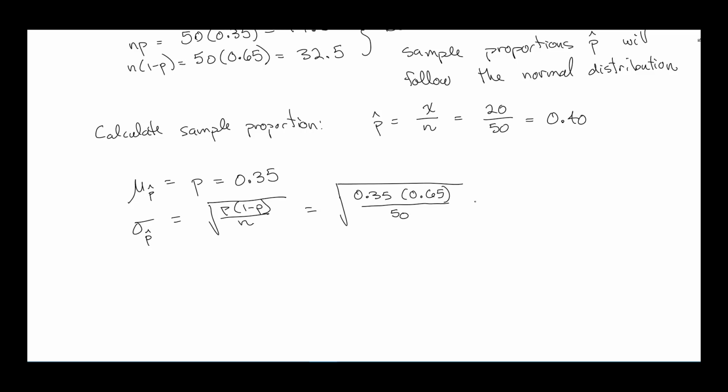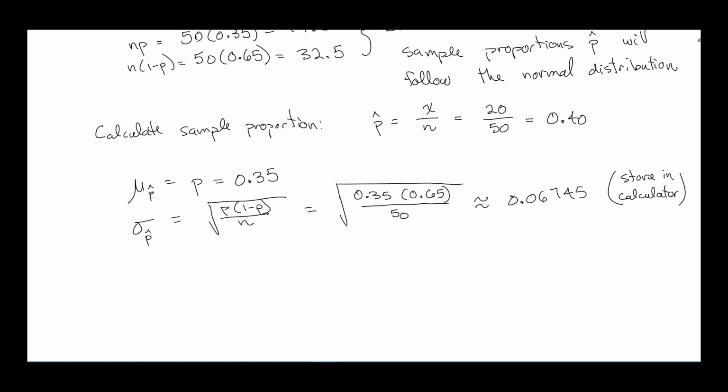Okay, and so this turns out to be about 0.06745. Store this value in your calculator. You will end up off if you round to not very many decimal places in here. And keep in mind that when we're solving problems with proportions, all our proportions are automatically smaller than 1, right?